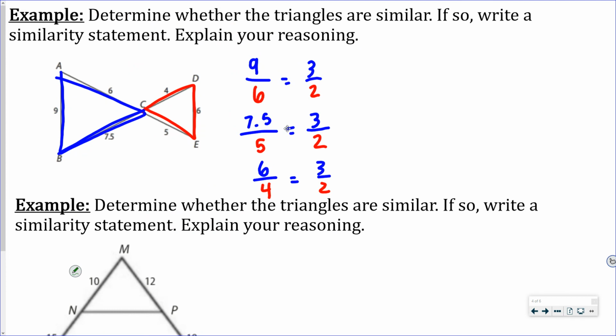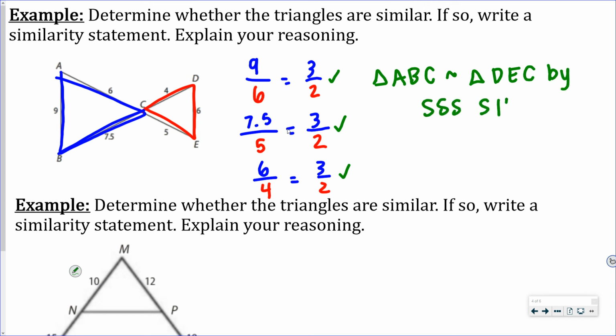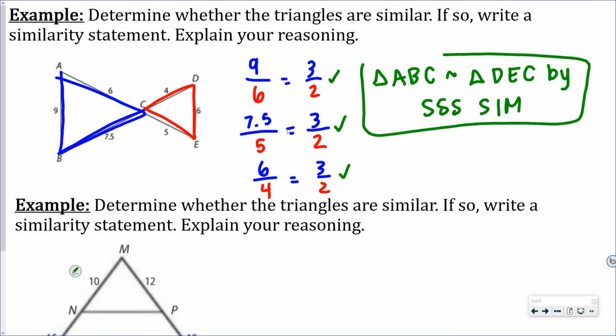Okay, so because the 3 side lengths are all proportional, triangle ABC is similar to DEC by side, side, side, SIM. Okay, not bad.